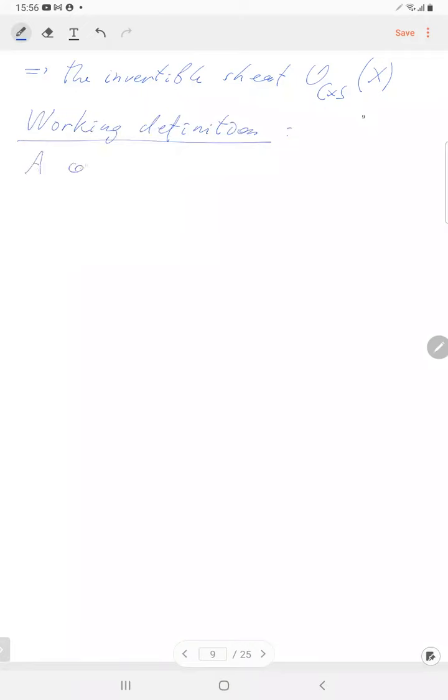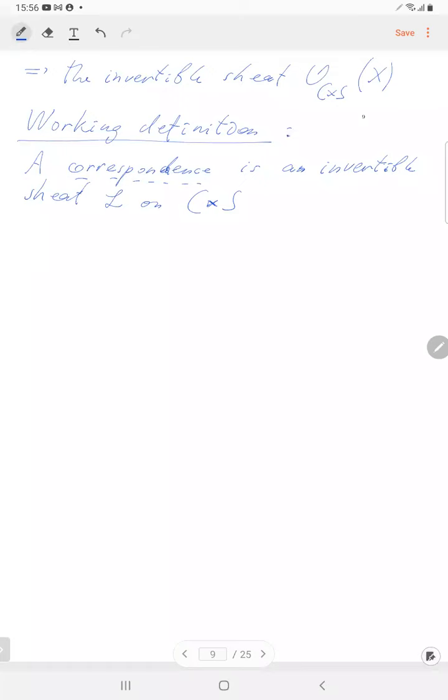A correspondence is an invertible sheaf L on the product C times S. So this is how we will use this term from now on.